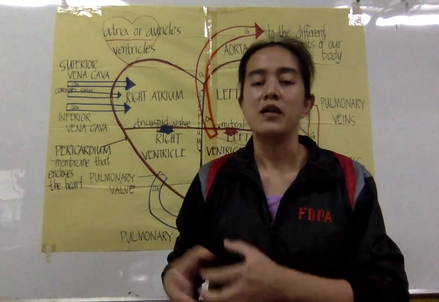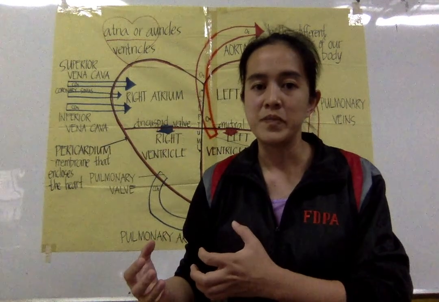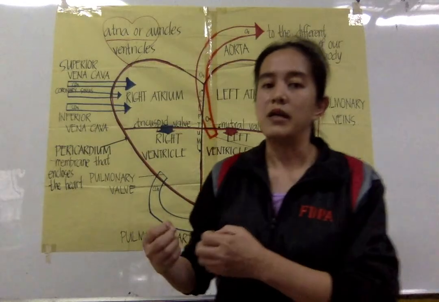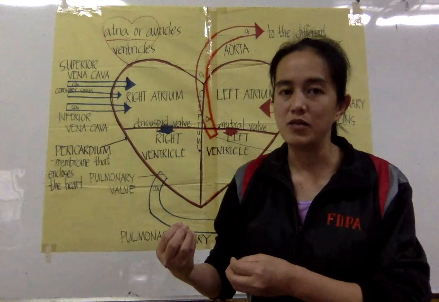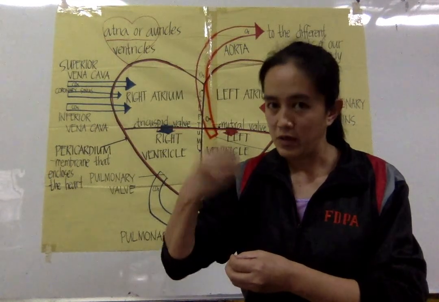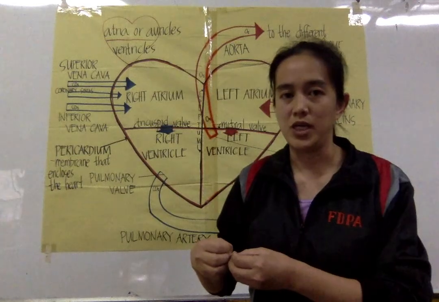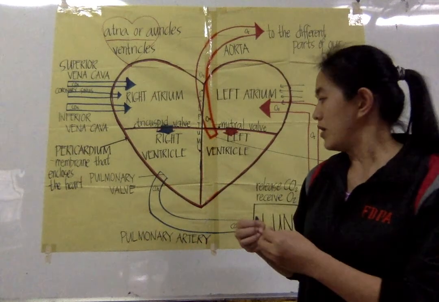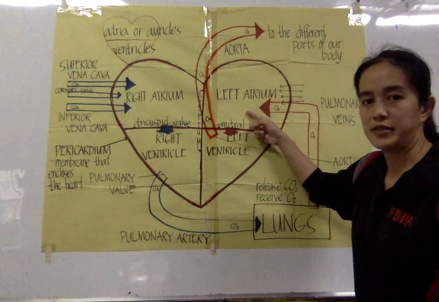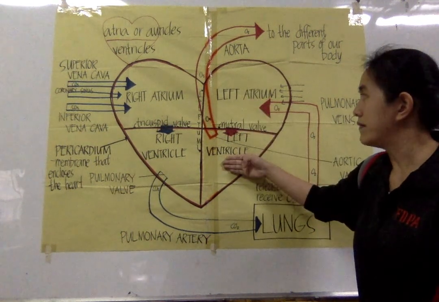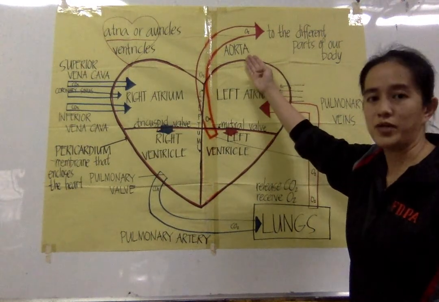From there, we have a lot of capillaries connected to our alveoli. The blood in the capillaries is going to release carbon dioxide, which we're going to exhale later on, and it will receive oxygen. When it receives oxygen, the oxygenated blood now will go back to the heart, to the left atrium, left ventricle, to the different parts of our body through aorta.